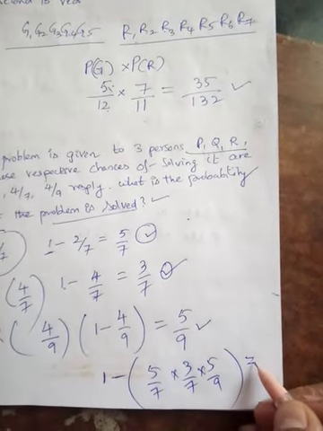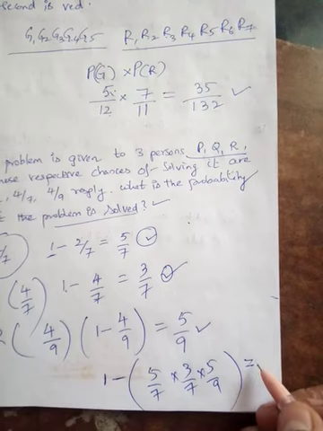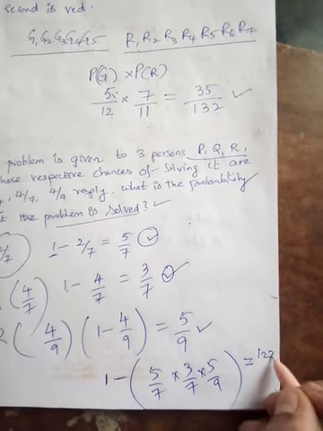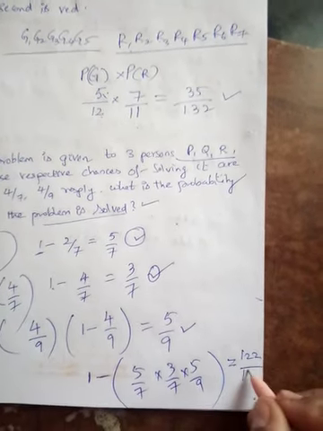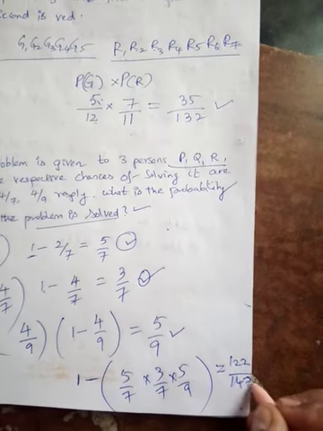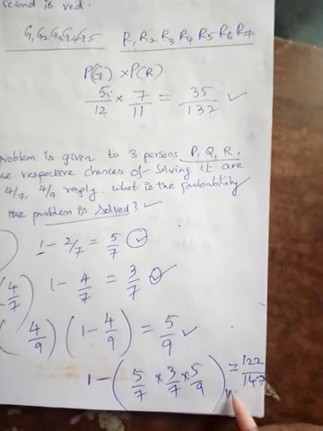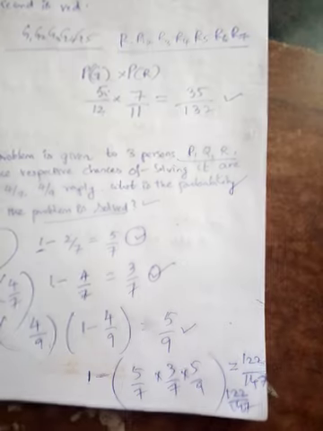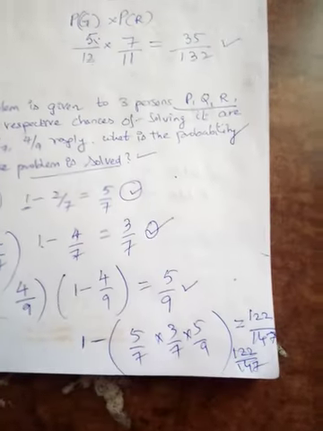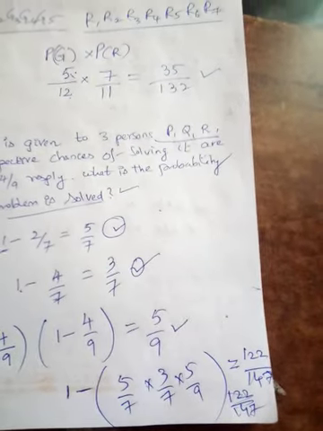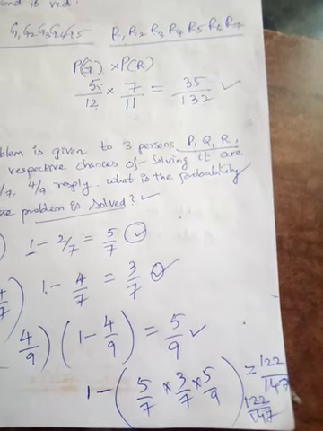That gives 122 by 147. You know how to solve the 3. That is 5 by 7 into 3 by 7.